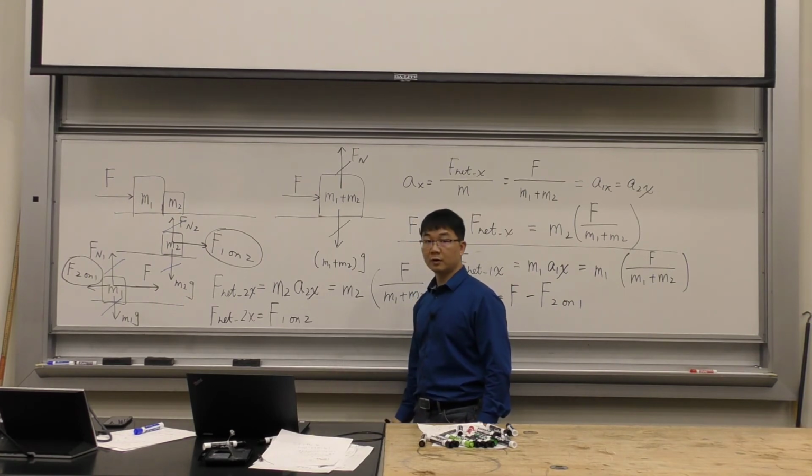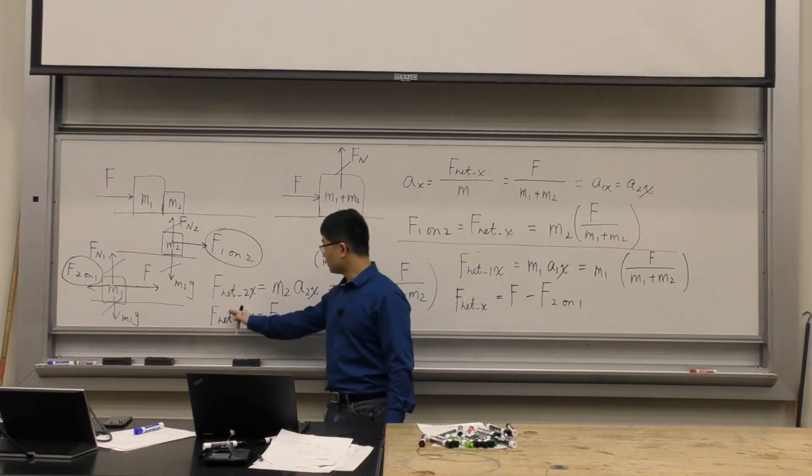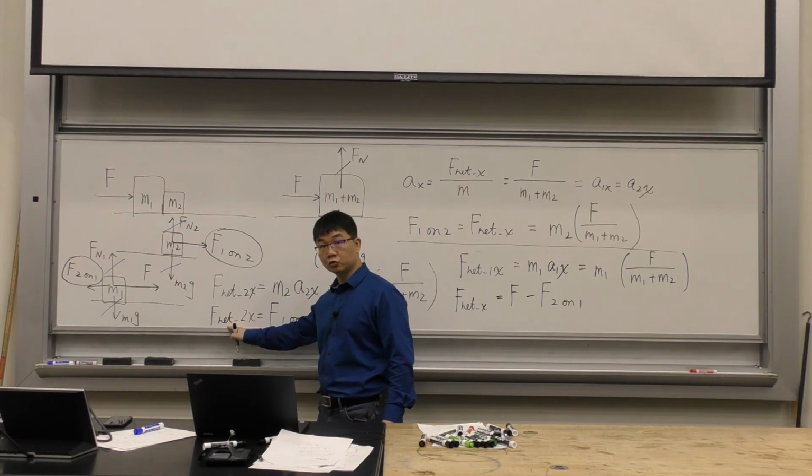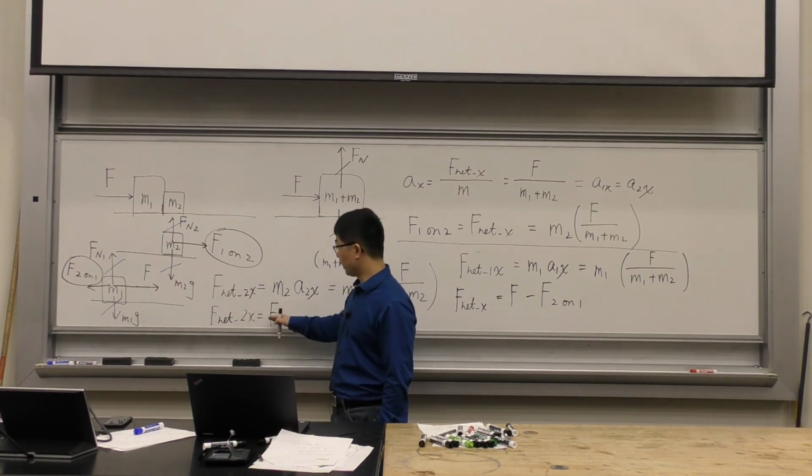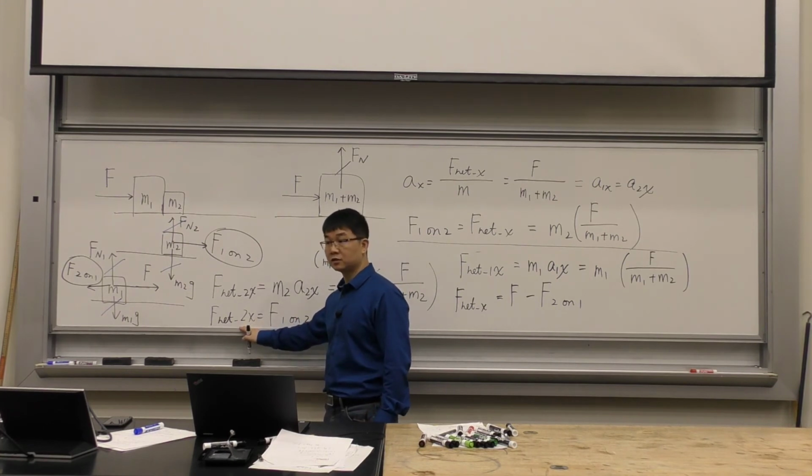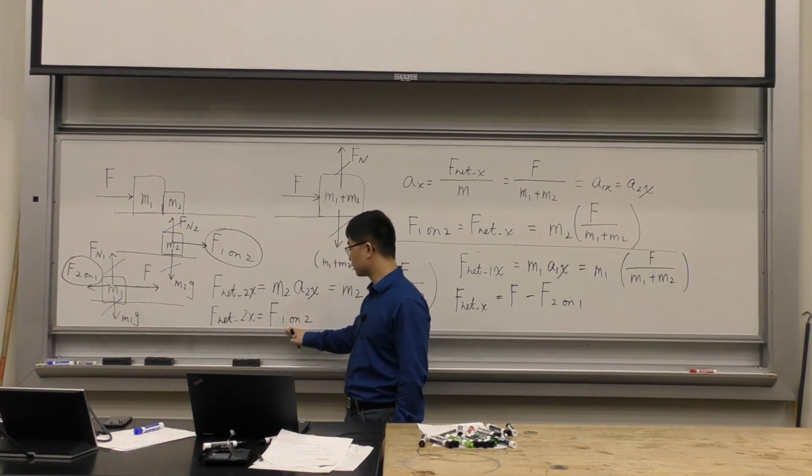What we figured out for M2 is that once I find the net force on M2, I realized that on M2 in X direction there's only one force on it, which is the force from 1 on 2. So in that case, the net force on M2 is going to just be equal to the force from 1 on 2, which is the force I was trying to find in that part.